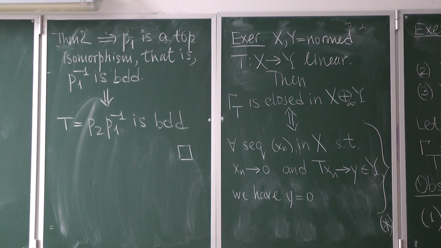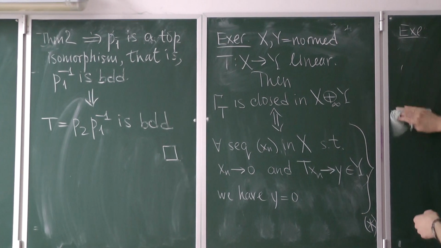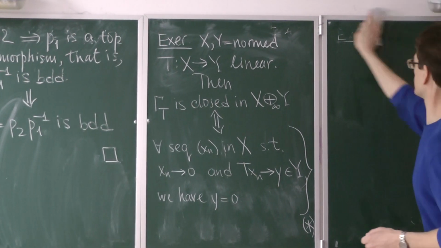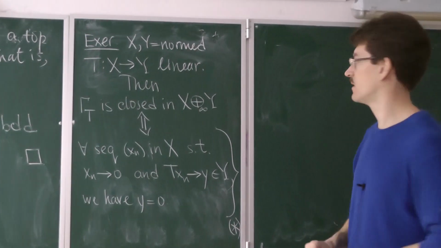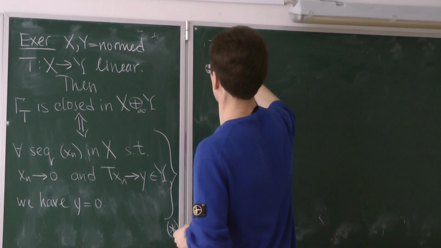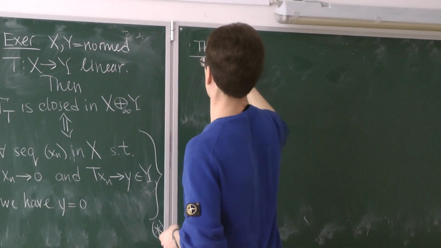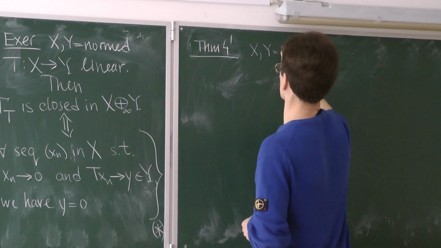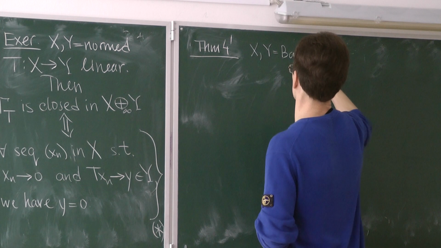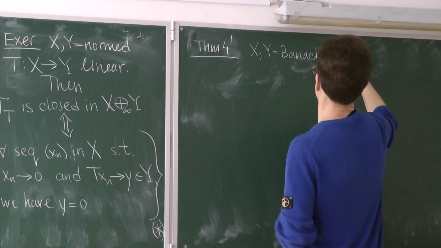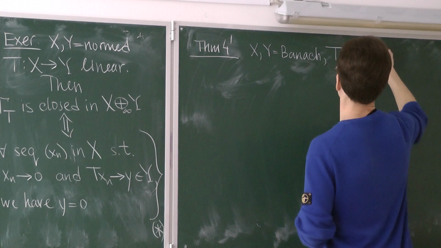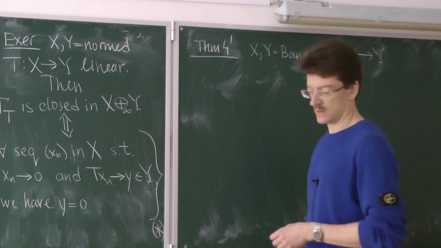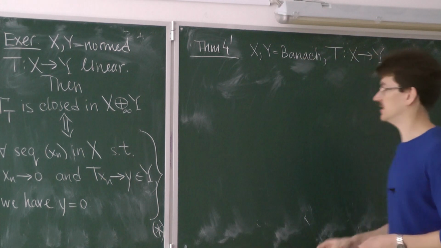So now we have the following equivalent form of the closed graph theorem. Let it be theorem 4 prime. Suppose that X and Y are Banach spaces, and T is a linear operator from X to Y satisfying this condition star.